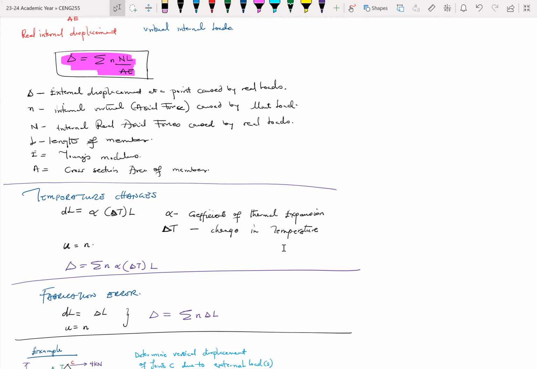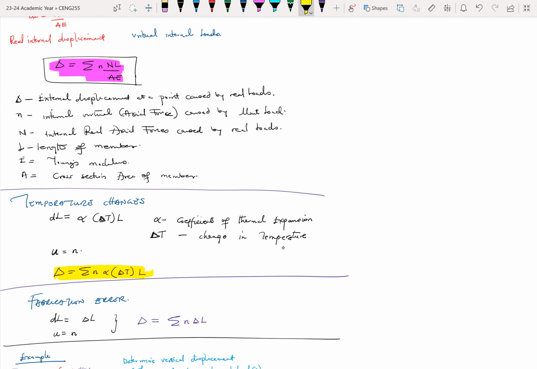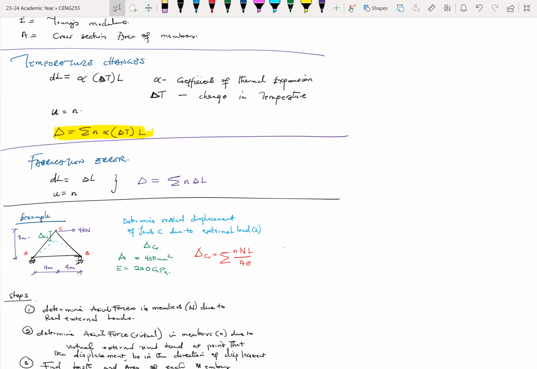To find that value, we can look at the temperature changes in the different members, and then use that information to get the displacement at a joint. That equation has also been given. Then fabrication error can also lead to some displacement.